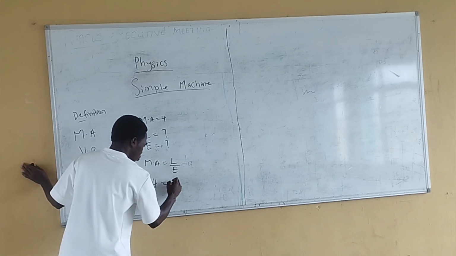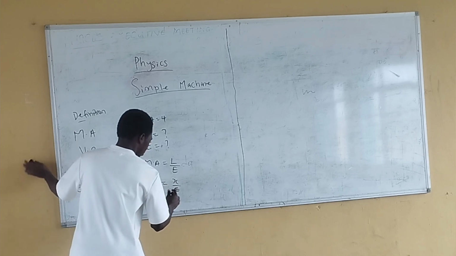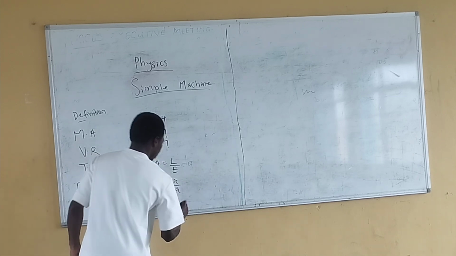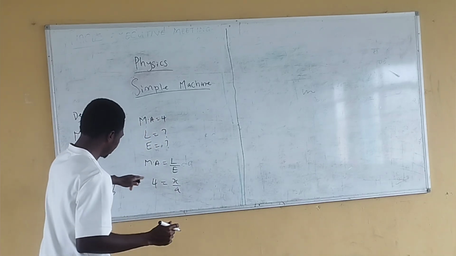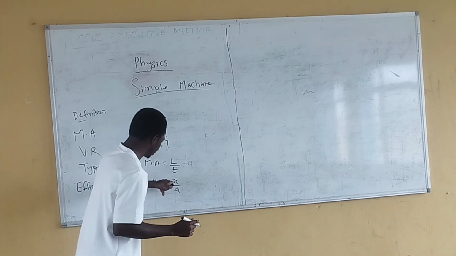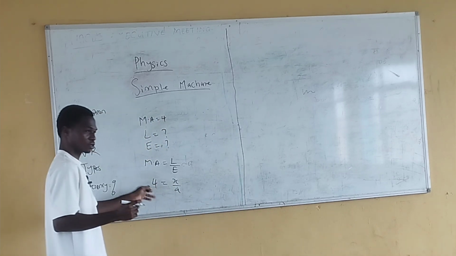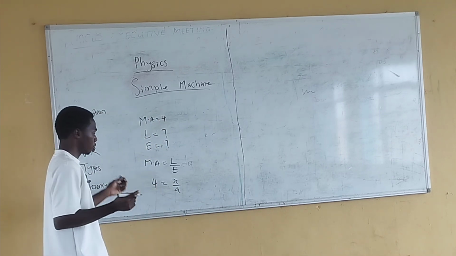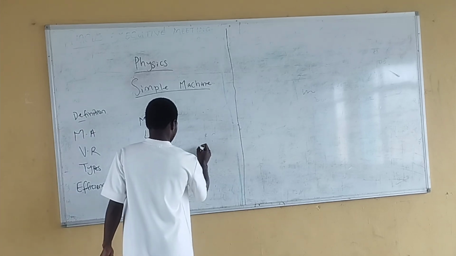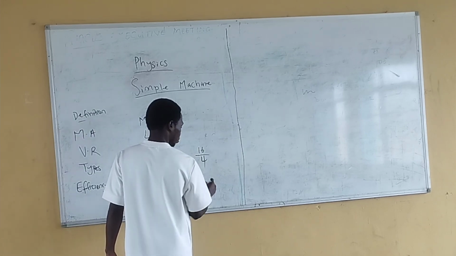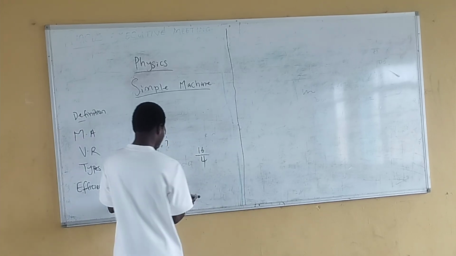What is load? What is effort? What can you divide so that it will give you 4? That's just how you solve it. You can say 16/4 will give you 4.